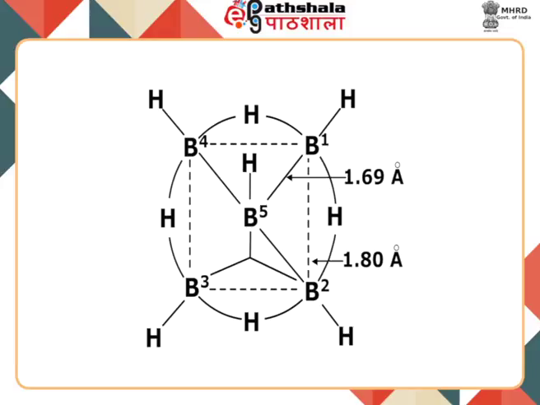Out of these 15 electrons of the 5 boron atoms, 4 electrons are used up in 4 BHB bonds, 2 electrons in 1 BBB triple bridge bond, 4 electrons in the 2 BB bonds, and the remaining 5 electrons are used up in the terminal BH bonds.